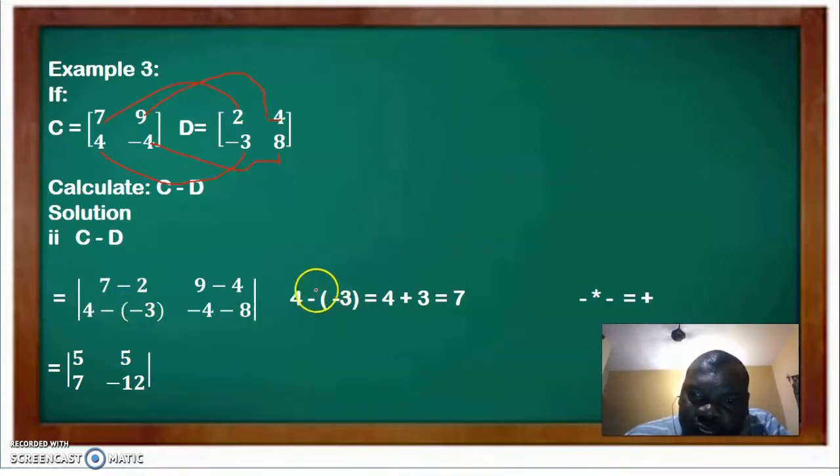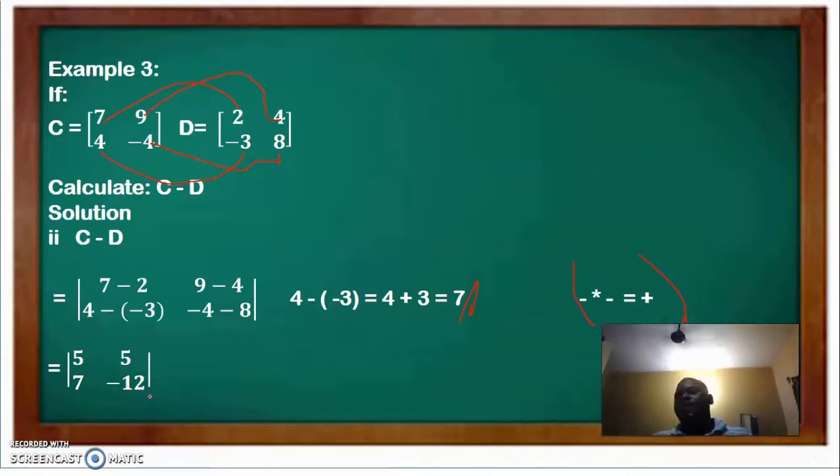Then 4 minus minus 3. This minus times minus gives us plus. So that gives us 4 plus 3, which is equal to 7. Then minus 4 minus 8 is equal to minus 12.